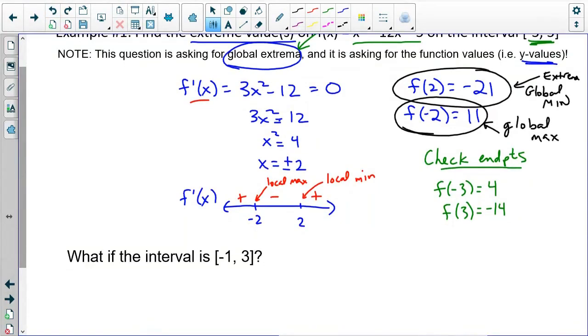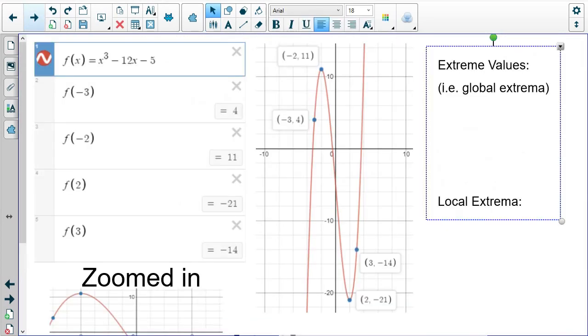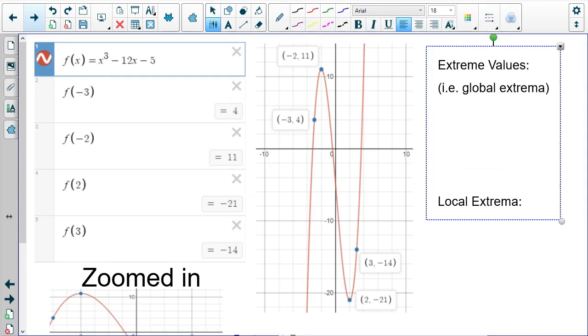How would that change if my interval is -1 to 3? Well, I'm just going to go through this on the other slides. So this was what I had originally, the original problem on -3 to 3. So I had f of -2 equals 11 was my max, and f of 2 equals -21 was my min.